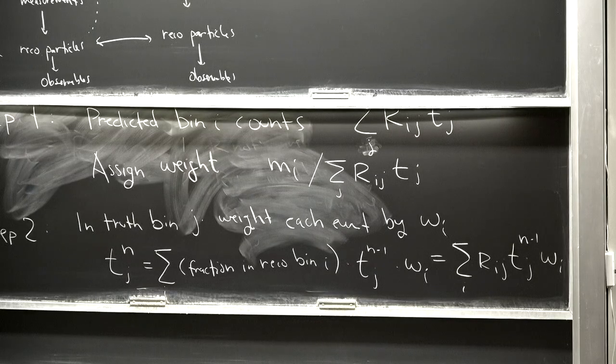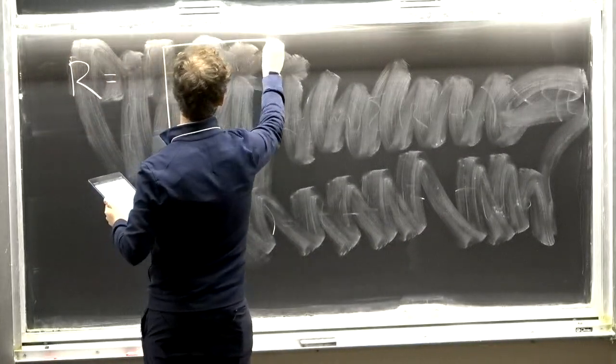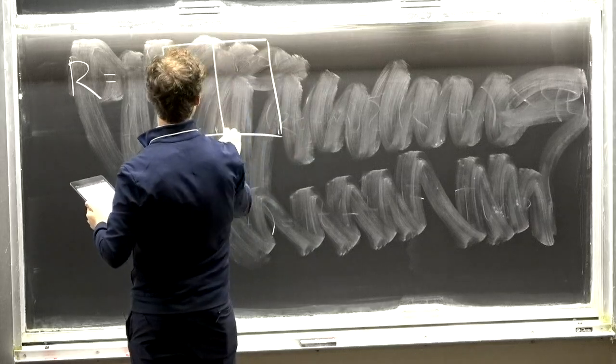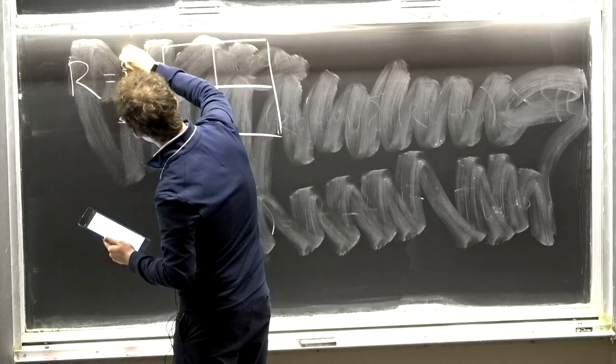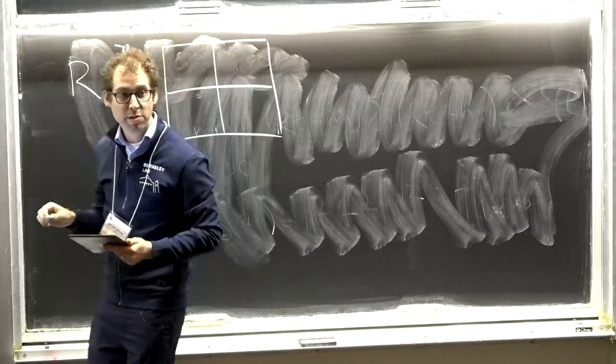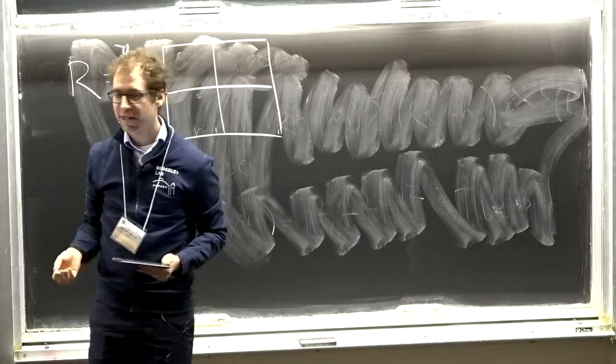Okay, so let's say my response matrix looks like this. Let's take the simplest possible case. The simplest possible case is that the observable takes only two values. I'll call them 1 and 2.